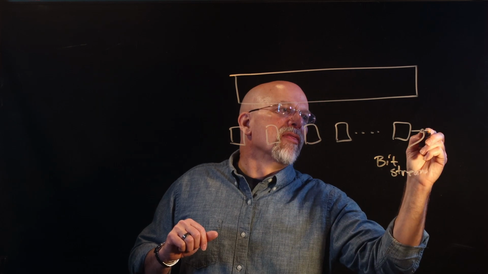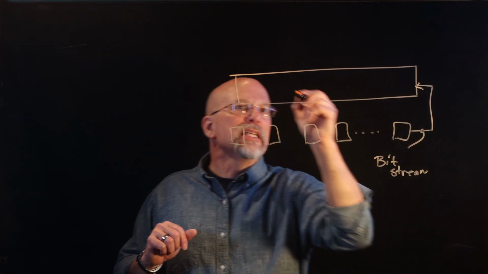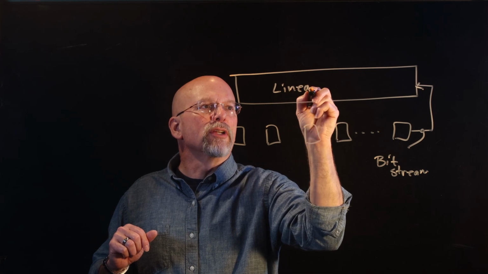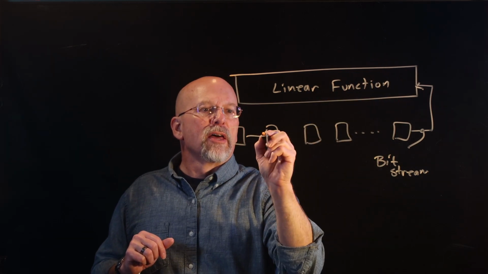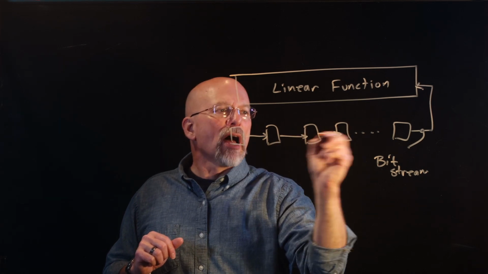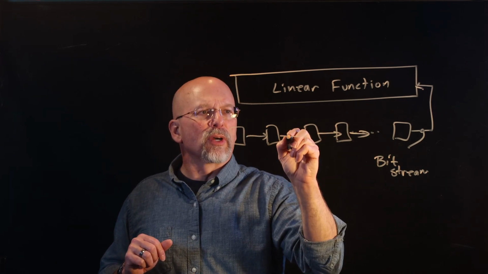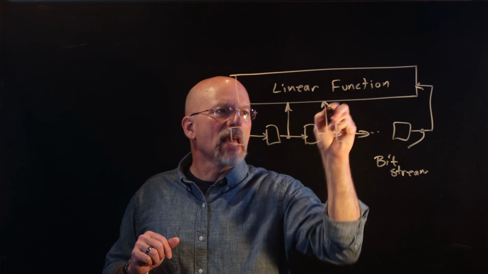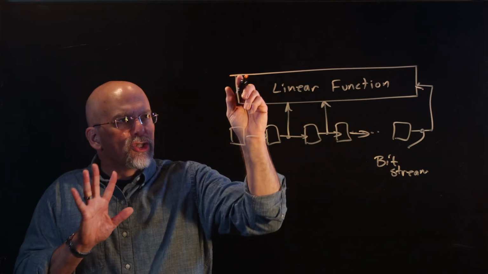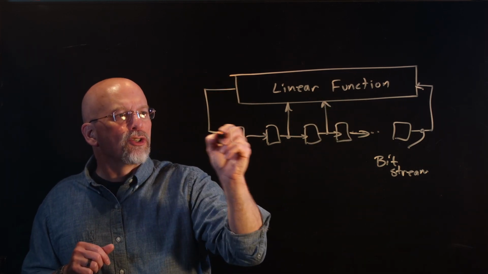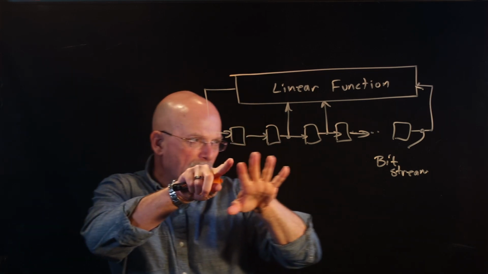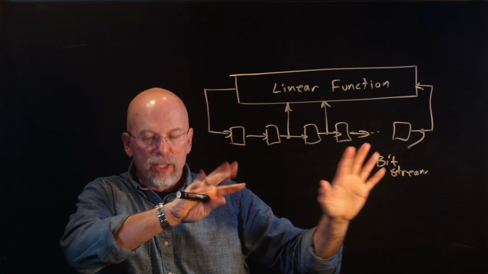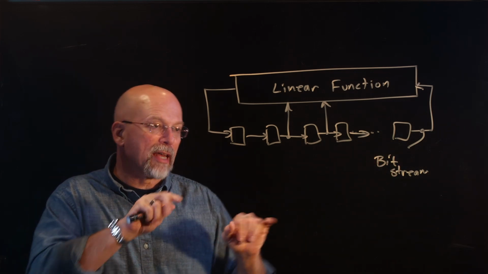And that output is going to be going into this linear function along with the taps of some of the intermediate bits. So a couple of these intermediate bits we're going to be tapping off of. And then the result of that linear function is going to be the input into our shift register. So we've got a number of bits here that are going to be changing. I'll show you how we're going to do that in code.